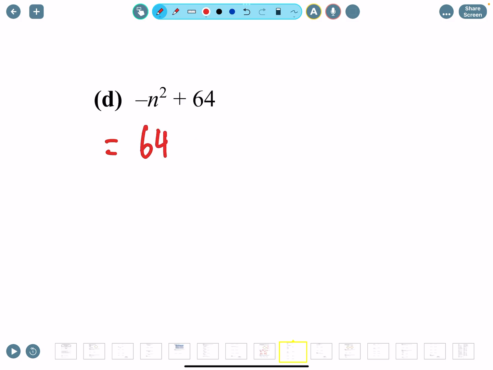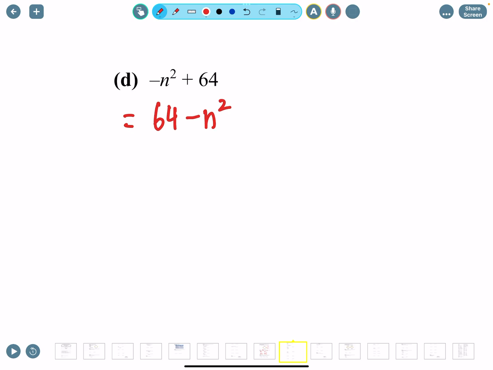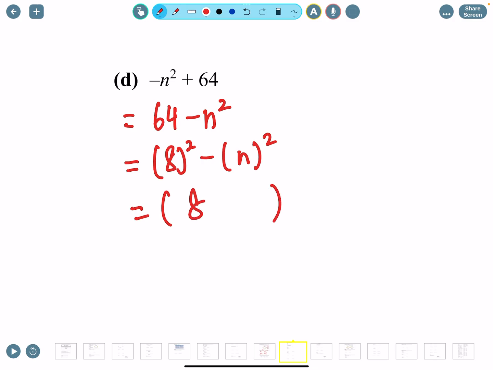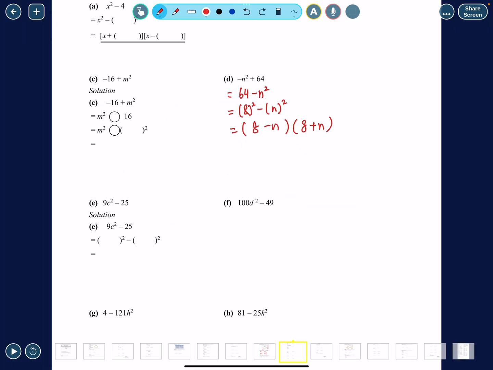Make it to the right form. Do not be lazy. So 64 minus n squared is the right order of the identity. Now we can change 64 to 8 square and n to just n square. So we have (8 minus n)(8 plus n). Earlier we had n minus 8, which is not the same as 8 minus n. So be careful with that one.